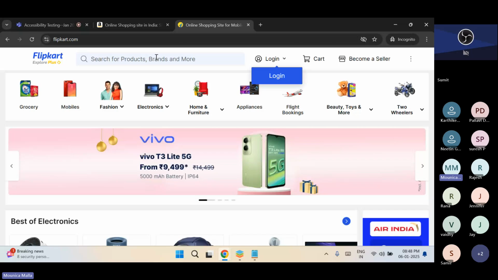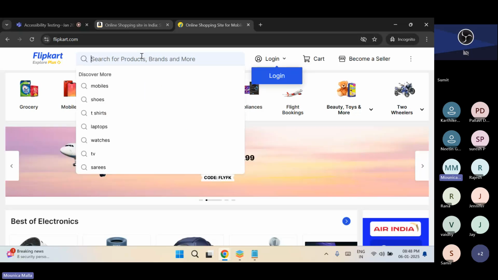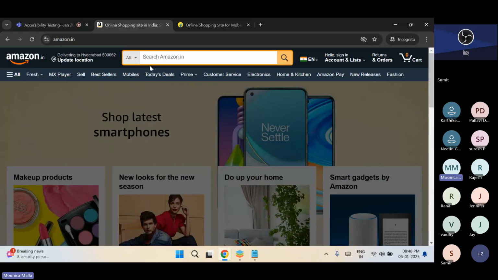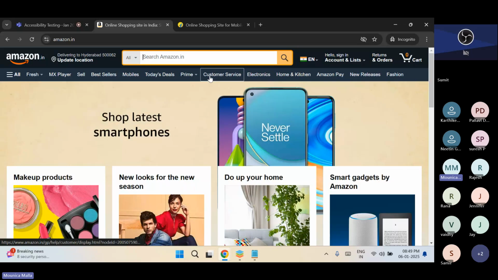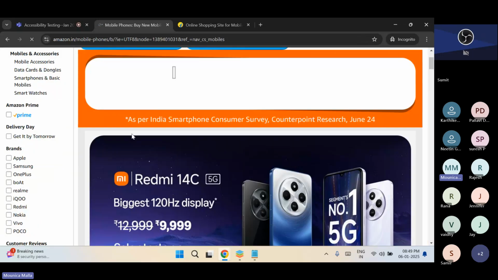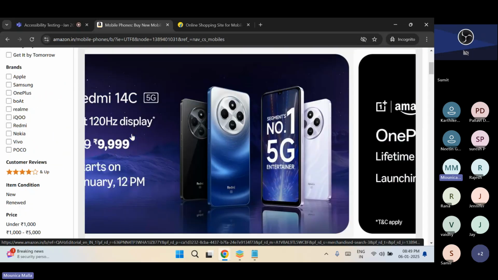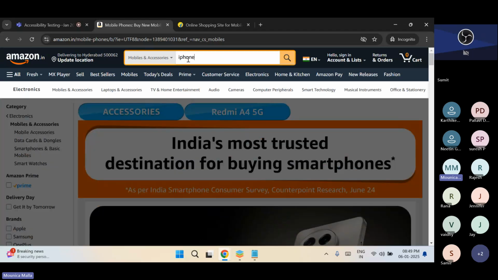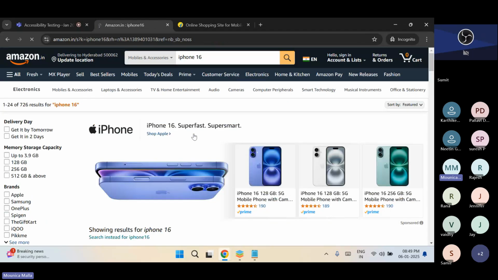They made it at the center, very big, because without a search text box, people cannot find the product they want. They have thousands of products that you can purchase. You cannot manually go through drop downs and look for an iPhone. If I go to mobiles, how do I know where the iPhone 16 that I wanted is? I cannot. But if I go to the search box, I can directly type iPhone 16, press enter, and get what I want.